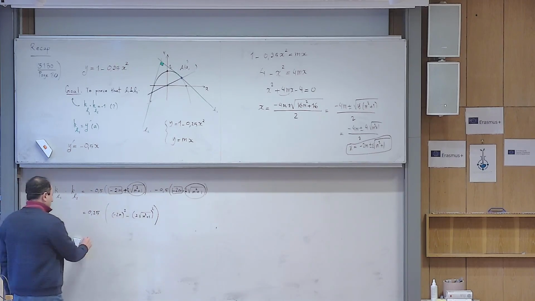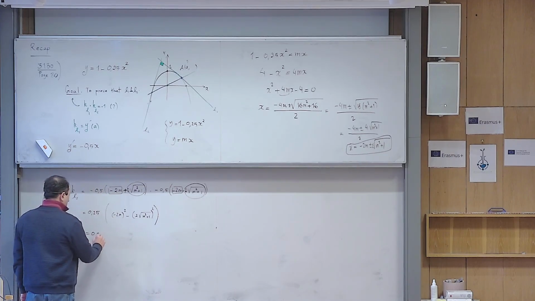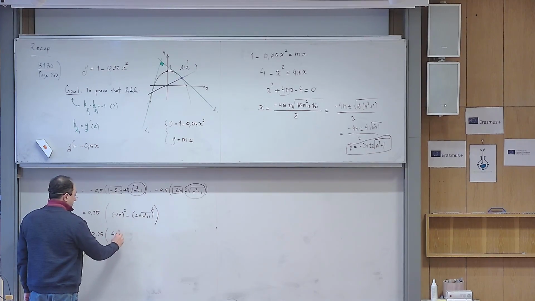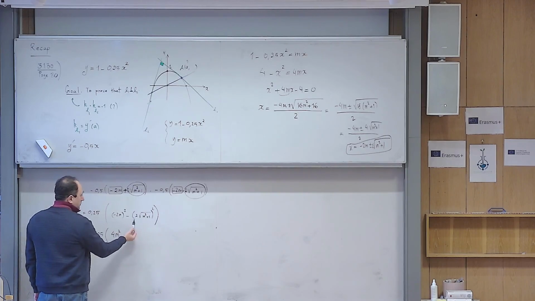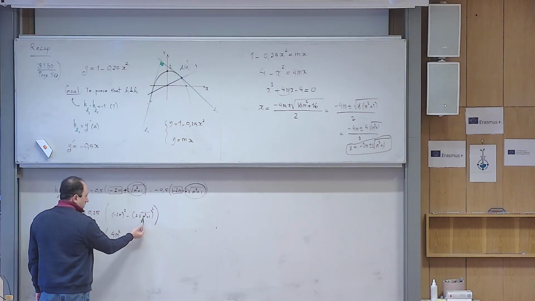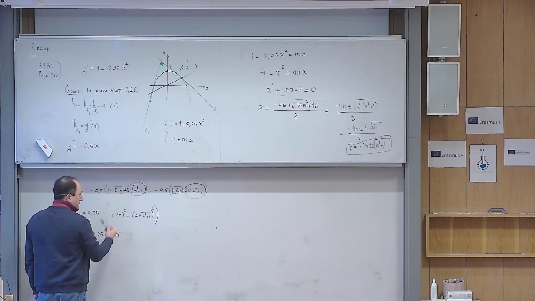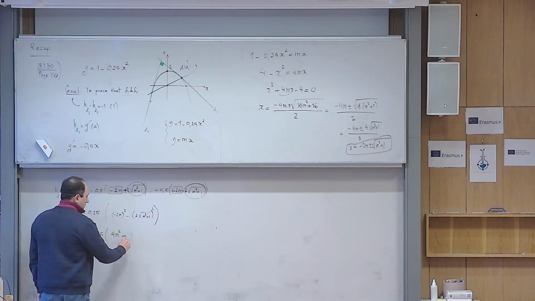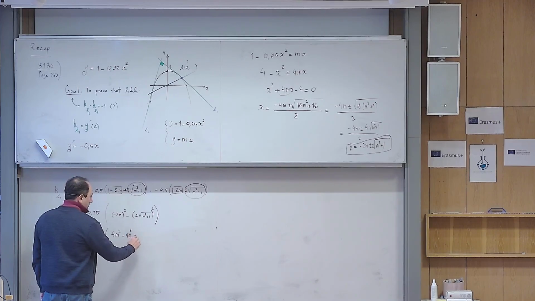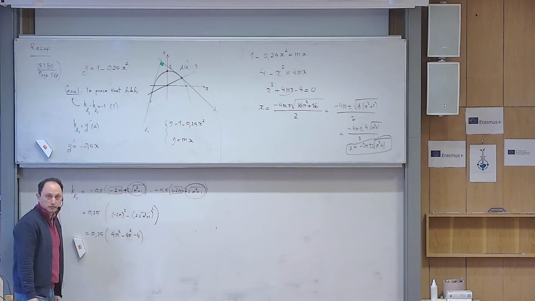Okay, then let us calculate. This becomes 0.25. This one to power 2 is 4m squared. This one to power 2 becomes 4 times m squared plus 1. But I multiply 4, there is a negative sign there as well, so it becomes minus 4m squared minus 4. Yes?